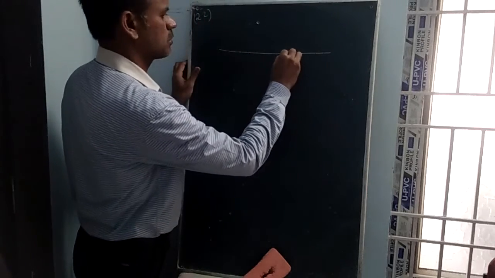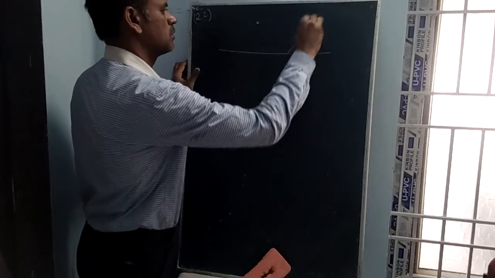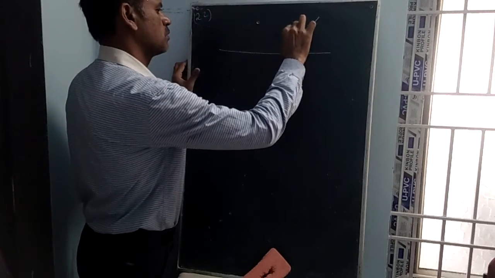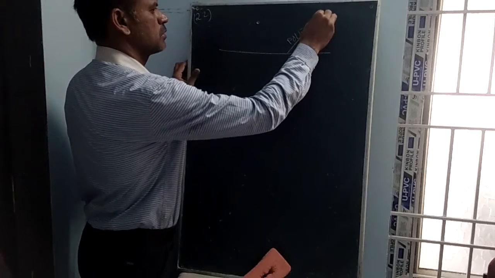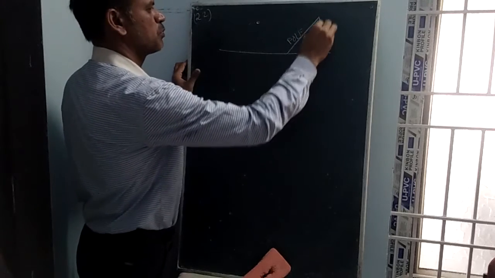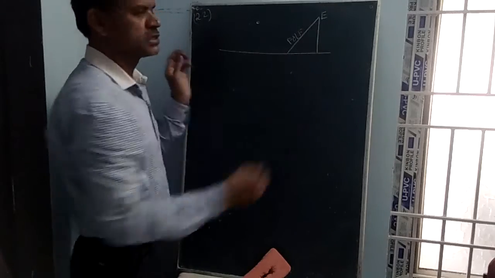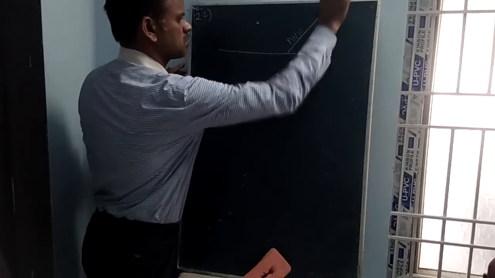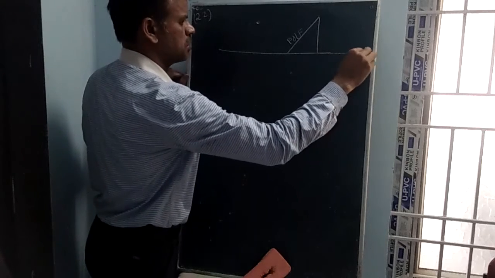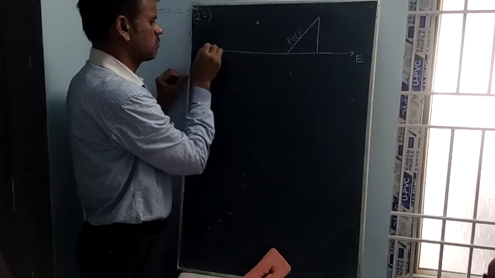Try to understand the diagram. This is the pole. This pole is leaning towards east. Let us think this is E, the east side, and this is W, the west side.